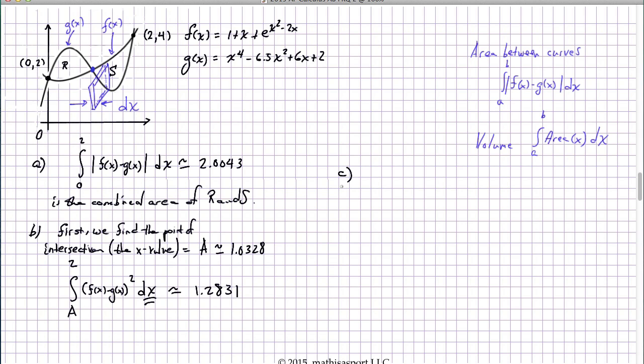Okay, what does part C ask us to do? We're defining h as the vertical distance between f and g. Okay, so realize that h of x is the very thing that we've already defined in the calculator to be y3. Now they simply want us to find dh dx at x equals 1.8.